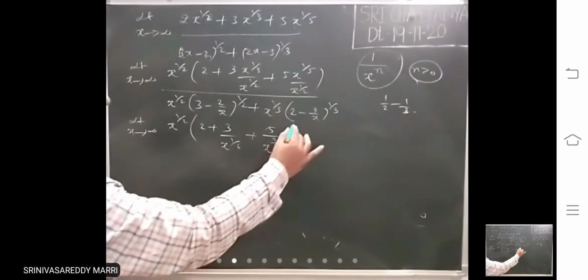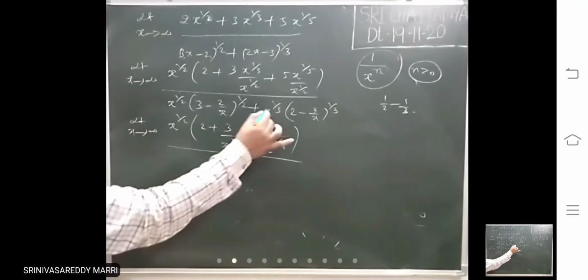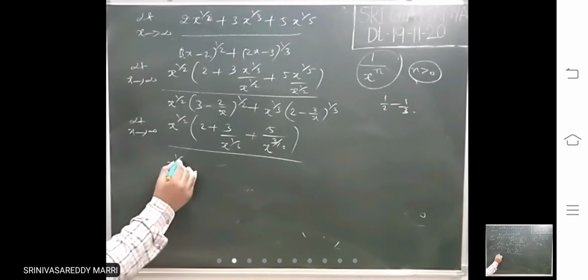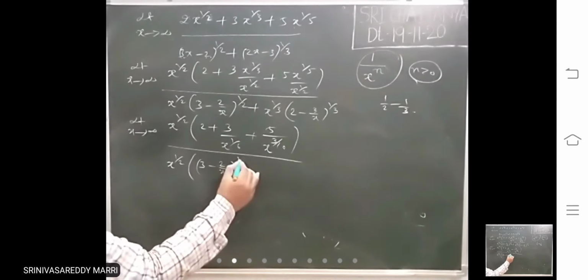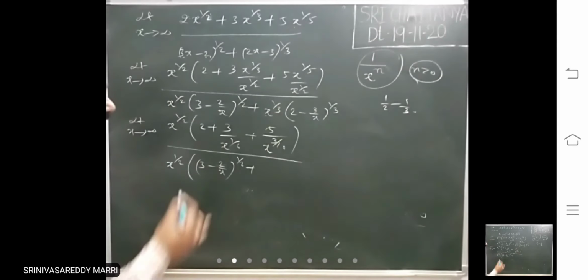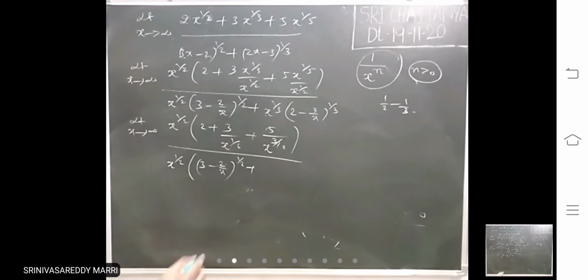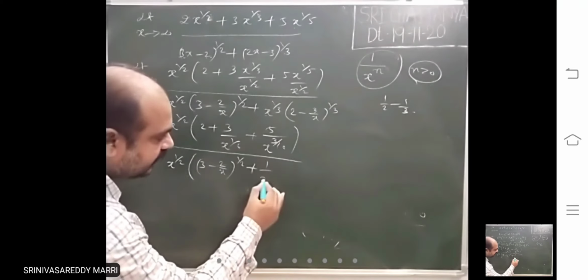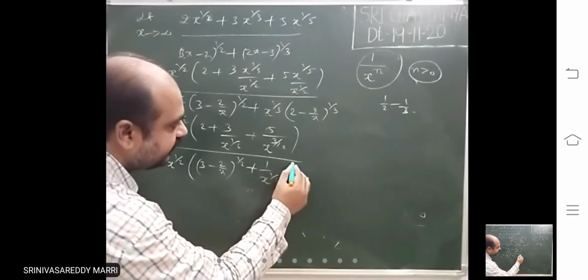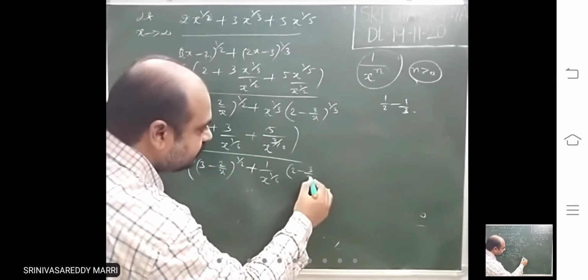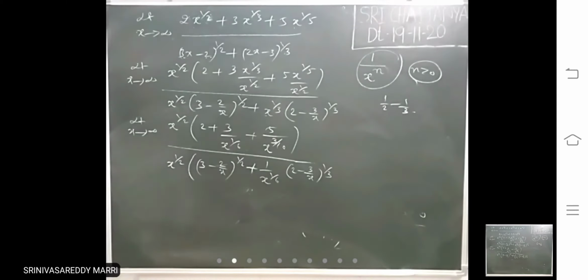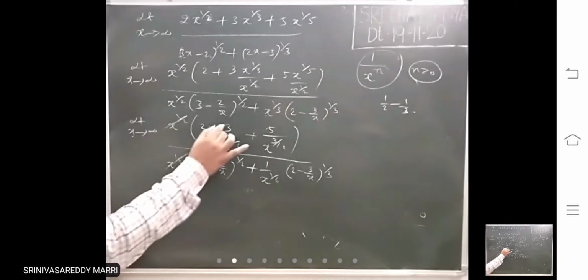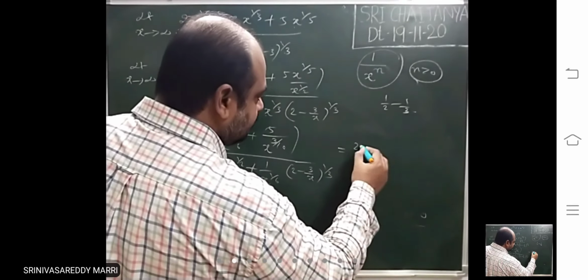This divided by, now take x power 1 by 2 common. Here you will get x power 1 by 3 divided by x power 1 by 2, that means 1 by x power 1 by 6, into 2 minus 3 by x whole power 1 by 3. Now x power 1 by 2 and x power 1 by 2 cancel. x tends to infinity, this will become 0.